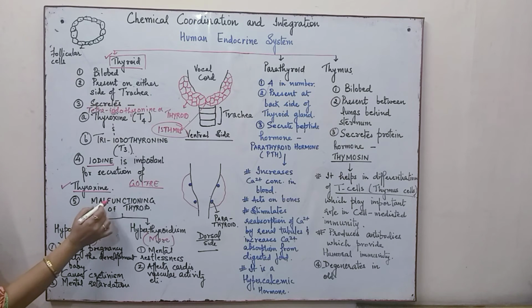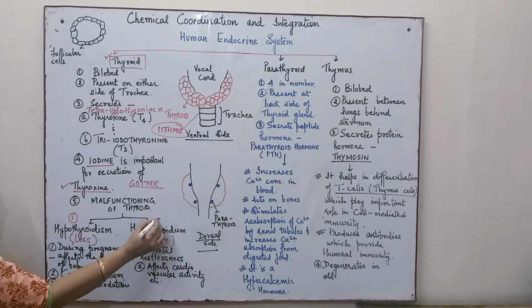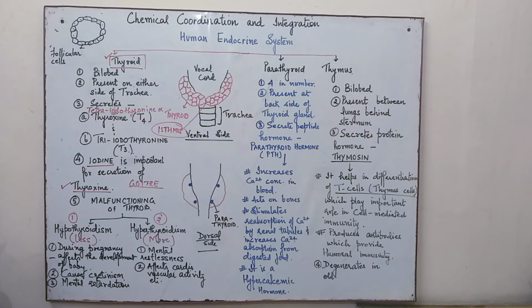In case the thyroid is not functioning normally, or we call it malfunctioning of the thyroid, then two conditions arise. One is hypothyroidism and the second is hyperthyroidism. Hypothyroidism means there is less secretion of these hormones, whereas hyperthyroidism means there is more secretion of the hormones by the thyroid gland.